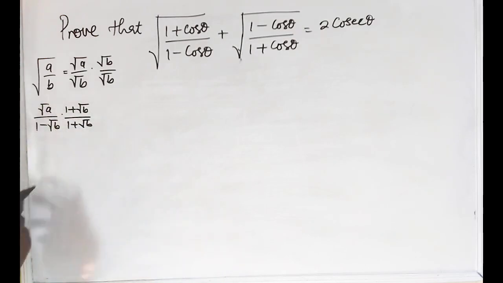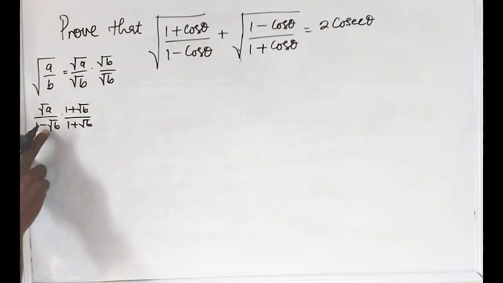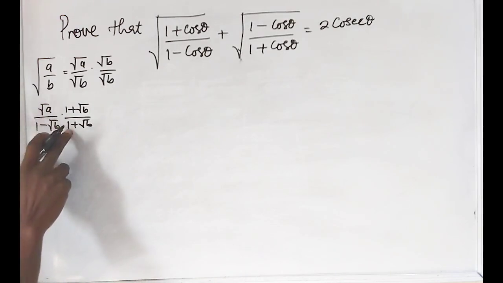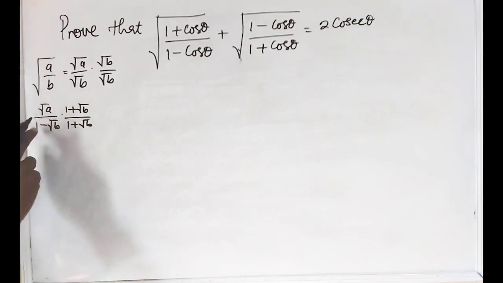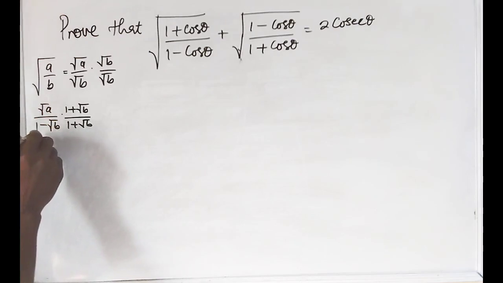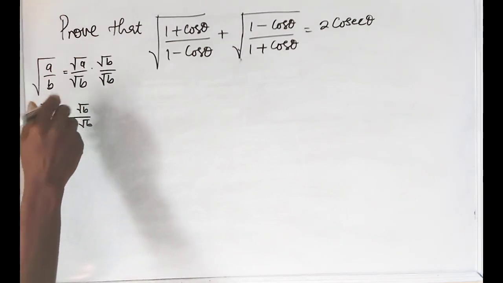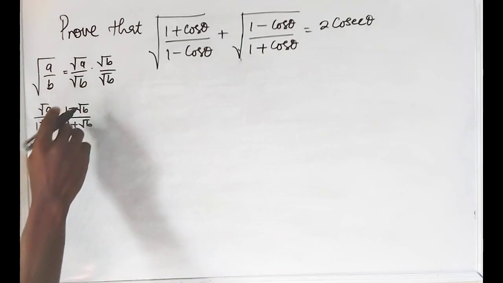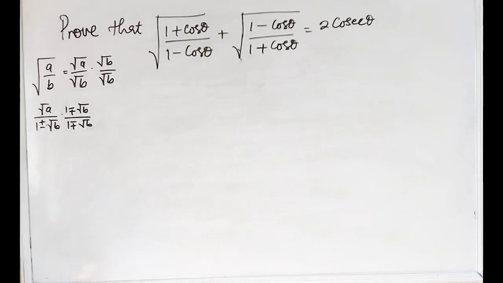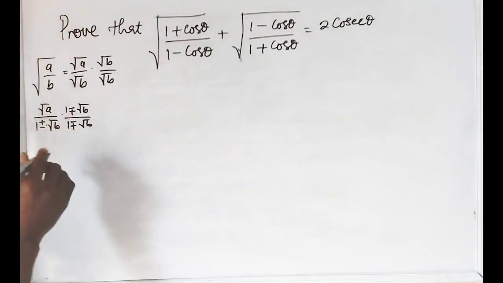The conjugate of 1 minus square root of b is 1 plus square root of b. And if the sign is plus, the conjugate will be minus. Okay, now let us resolve this.